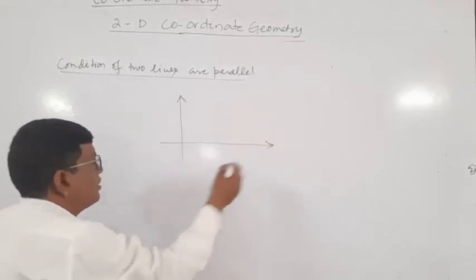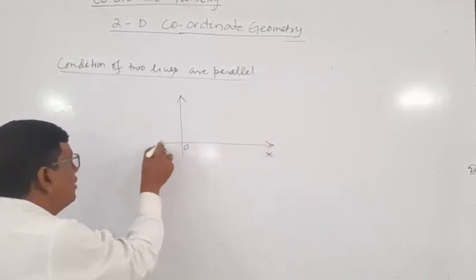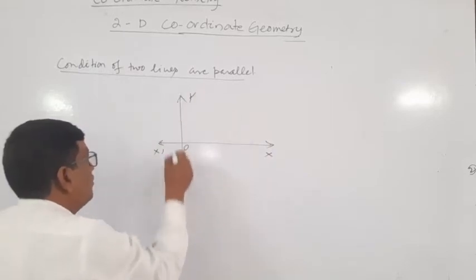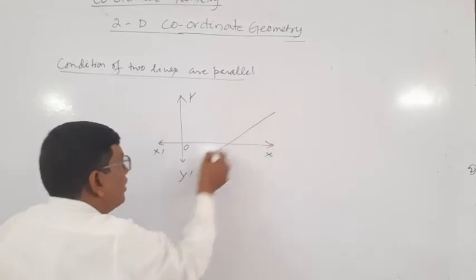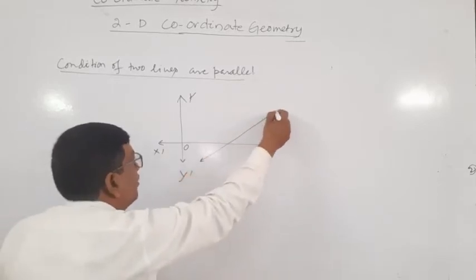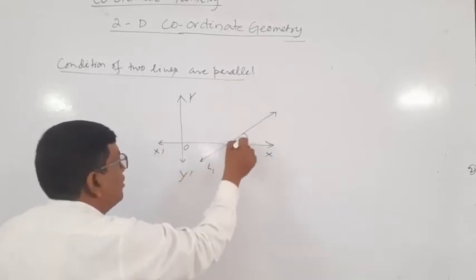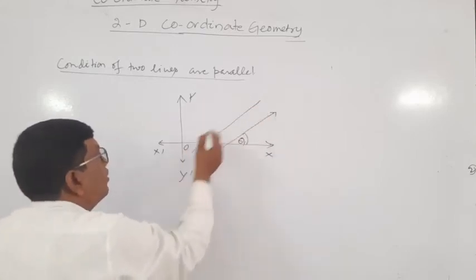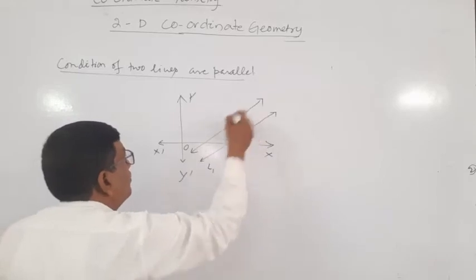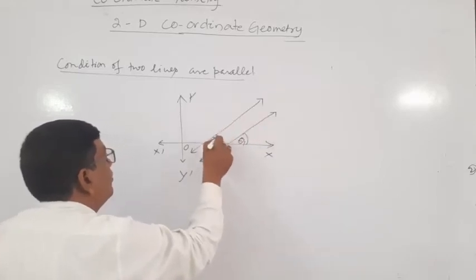the coordinate system x o x dash, y o y dash. Suppose this is L1, line 1, and this is theta 1. Suppose this is line 2, L2, and this is theta 2.